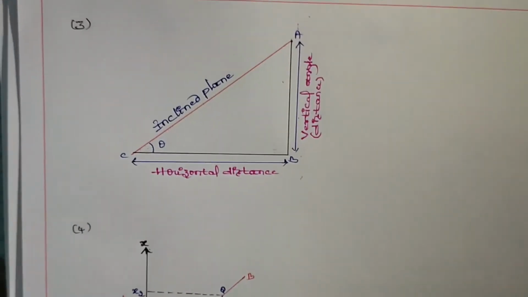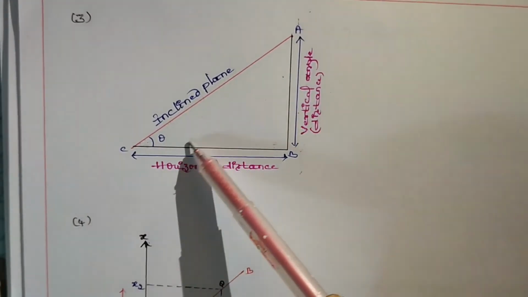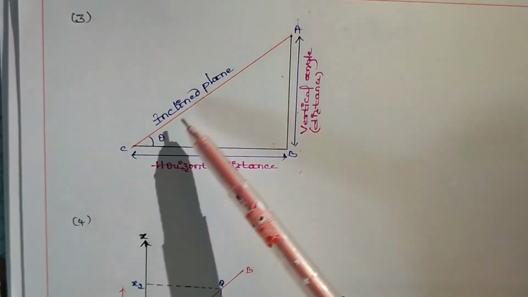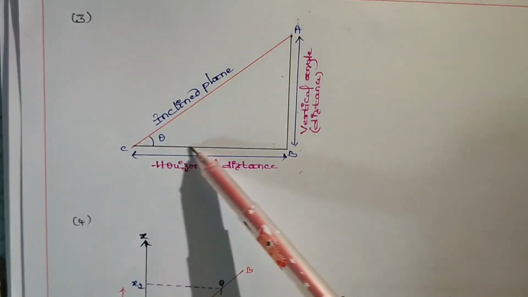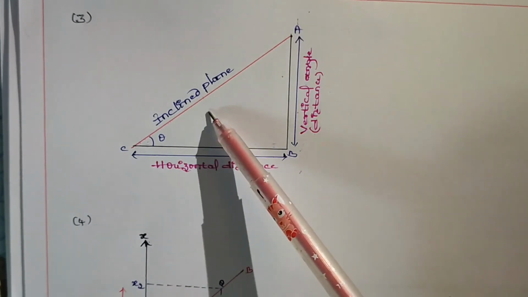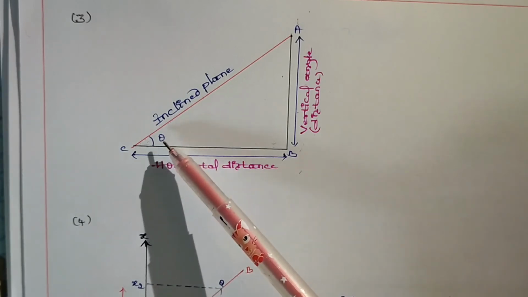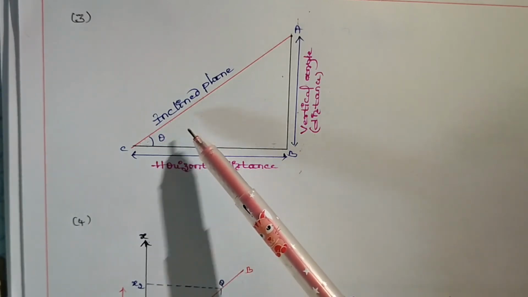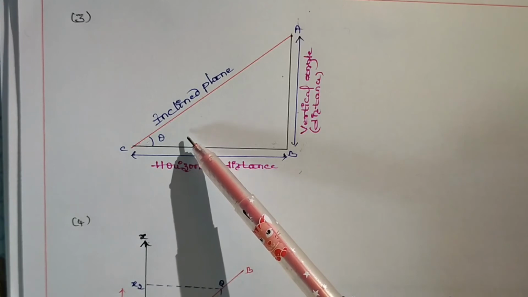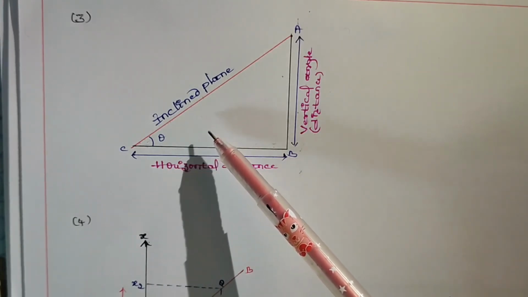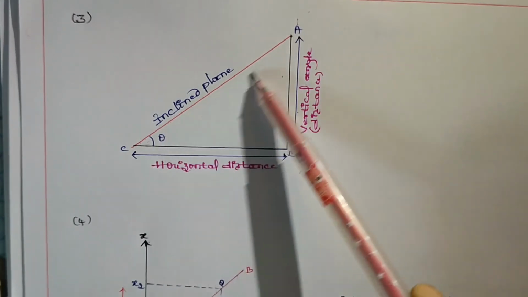If you see here, this is the line which is inclined, bent compared to the horizontal line. Here the angle increases, so the value of tan theta increases, which means the slope increases. So tan theta is the apt function for getting the slope of the line.